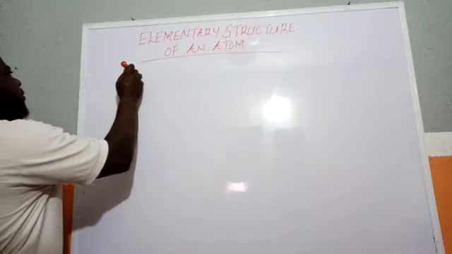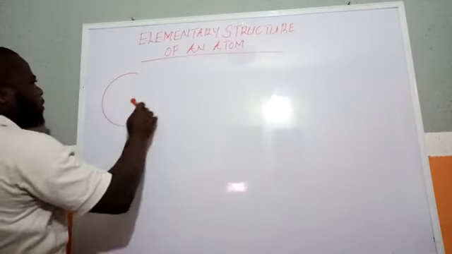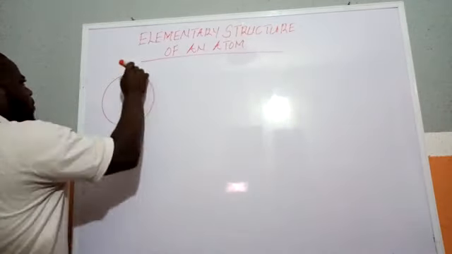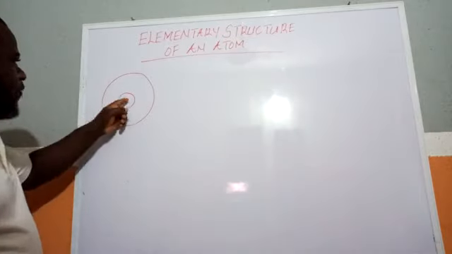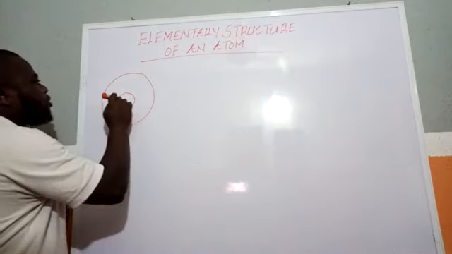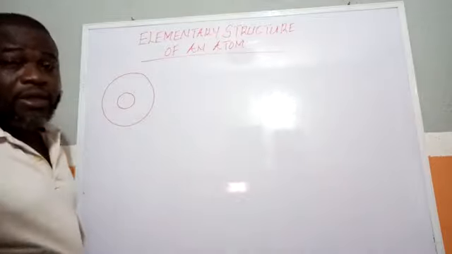Let me show you the diagram. Look at this diagram. I'm still coming back to that. When you have something like this, you have what we call the nucleus. Inside the nucleus, because we are talking about helium, it has 2 protons and 2 neutrons.